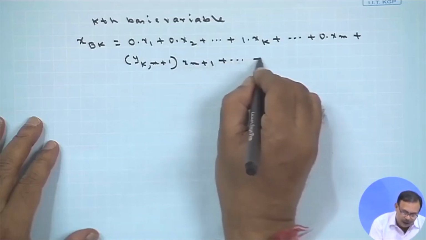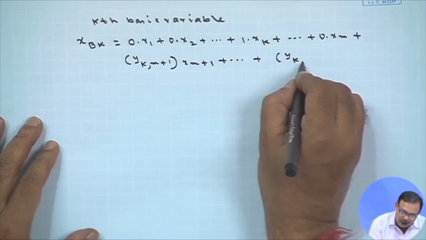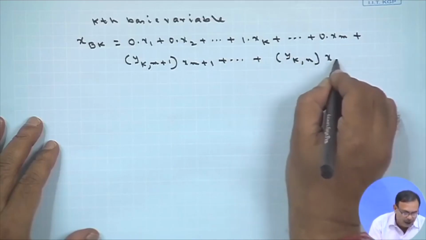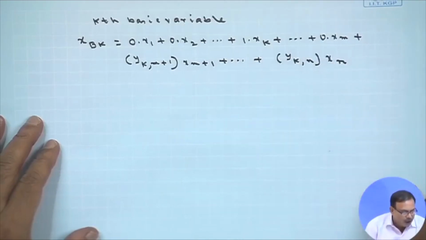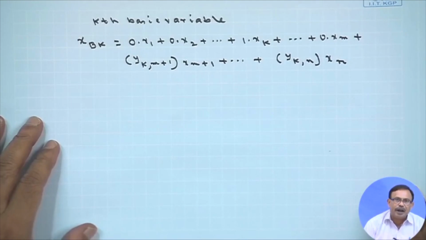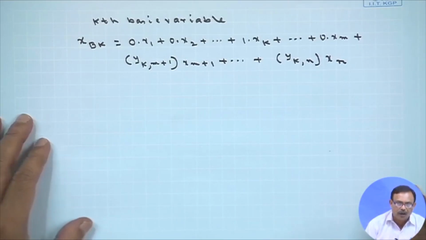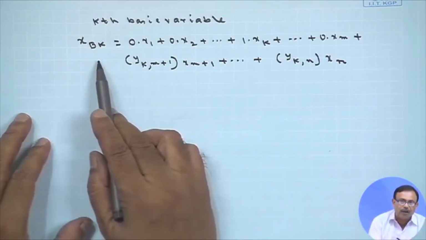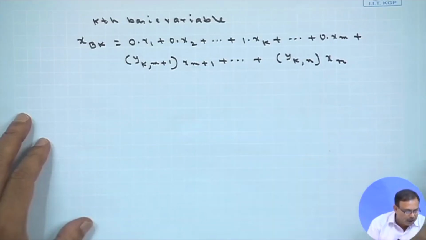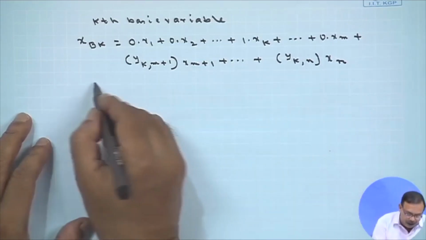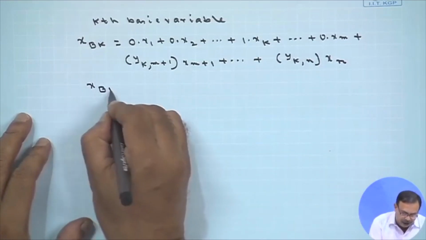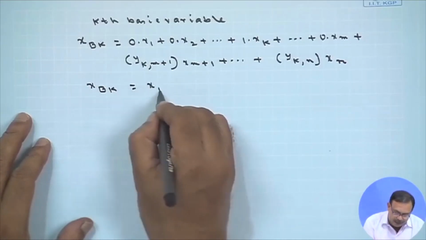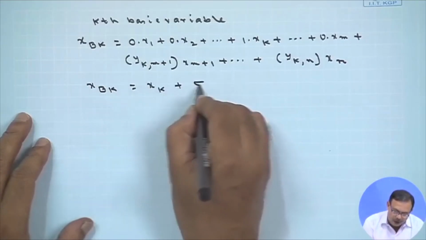Like this, the last one will be yk comma n into xn. So, we are assuming that the kth basic variable in the basis corresponds to the non-integer value, and that we are writing as xbk equals this thing. So, xbk you can write down as xk plus all others will be 0.